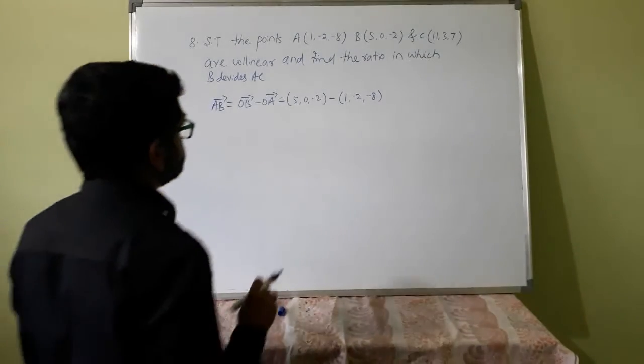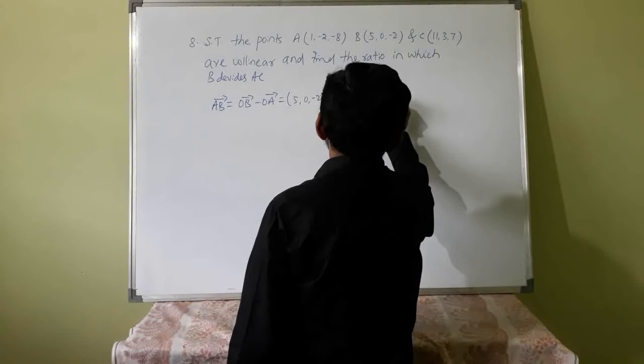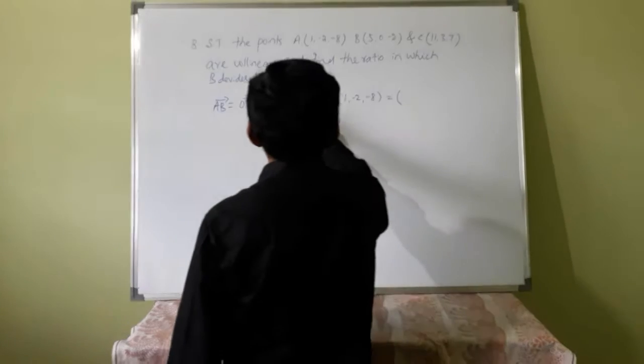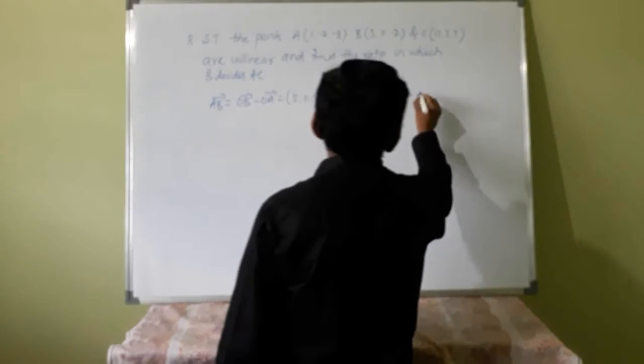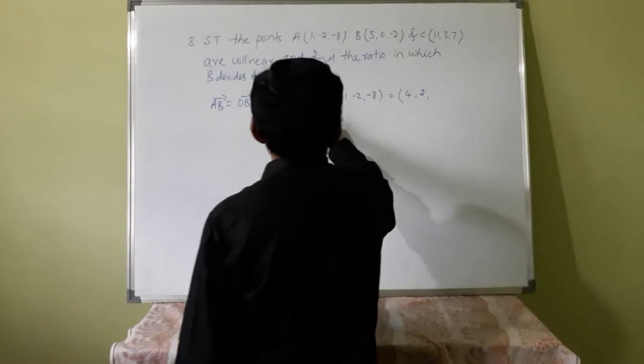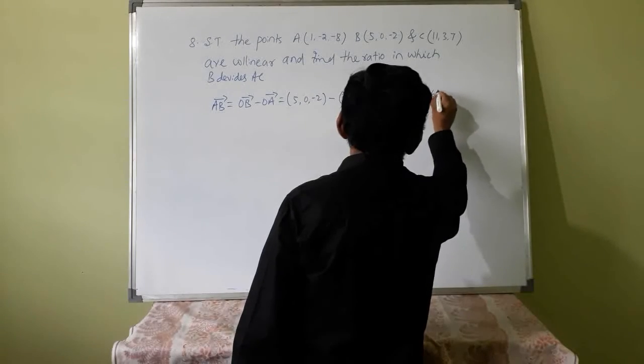That is 5 minus 1, 4, 0 minus of minus 2, 2, minus 2 plus 8, 6.